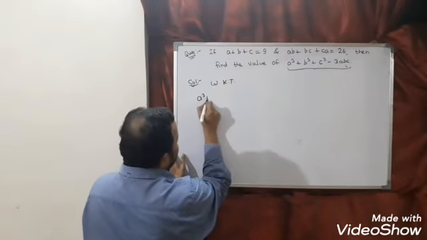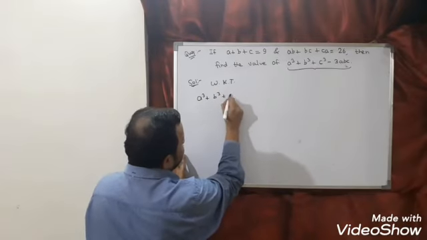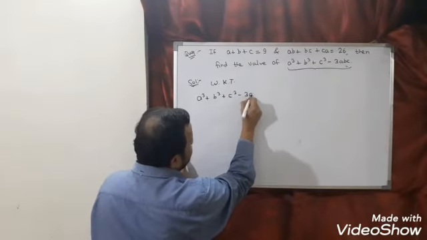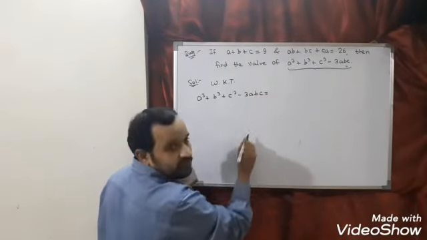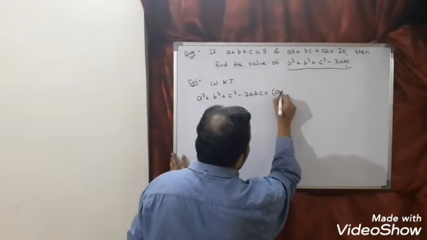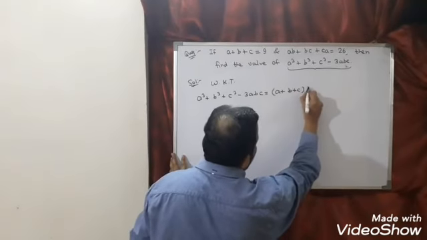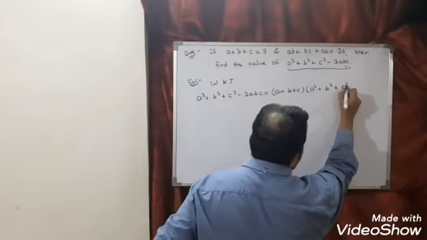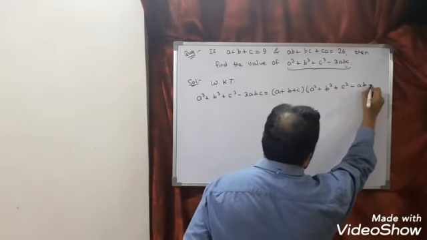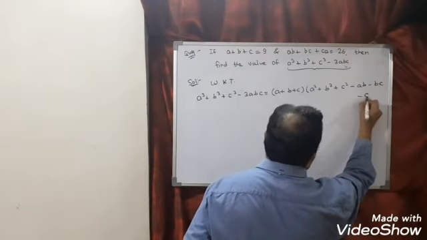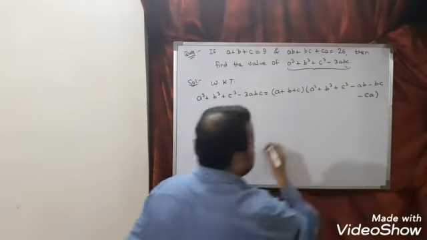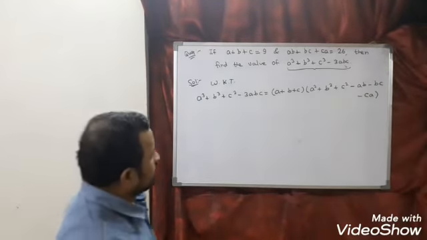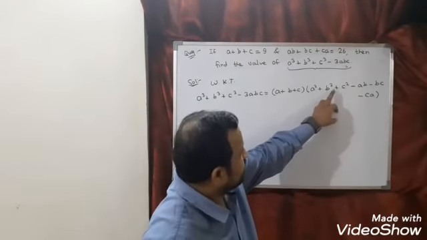A cube plus B cube plus C cube minus 3ABC is equal to, the formula is, A plus B plus C into A square plus B square plus C square minus AB minus BC minus CA. Right? So this value we know, we have to calculate this value.